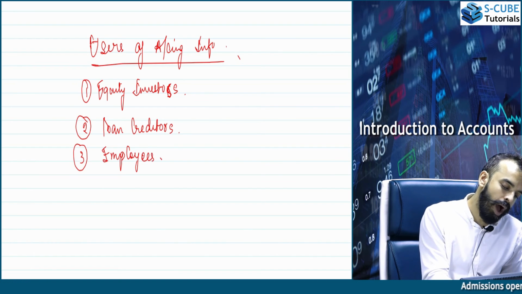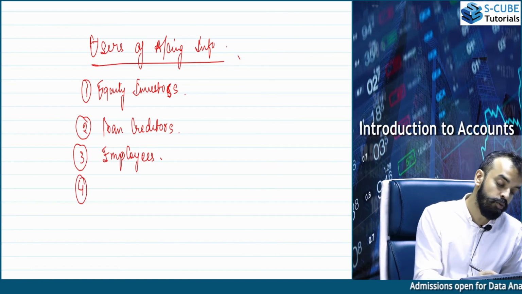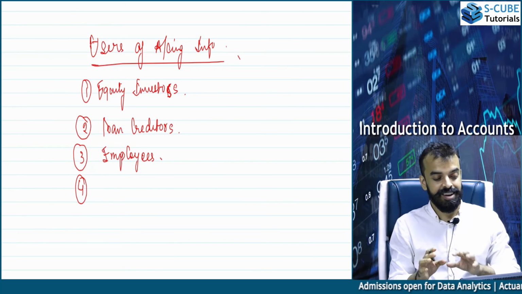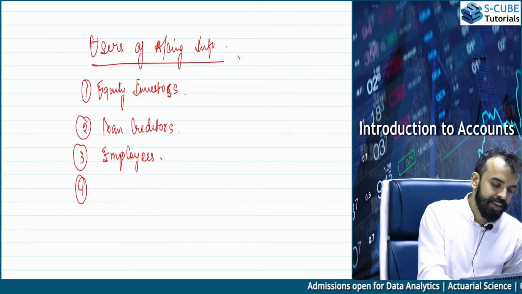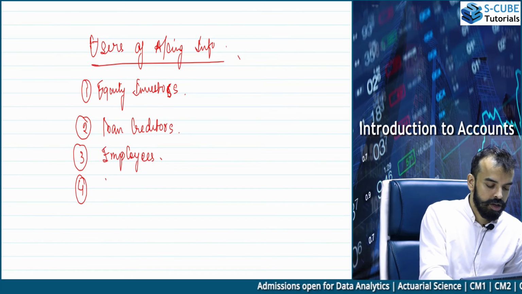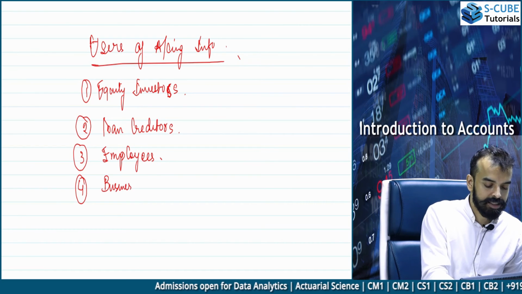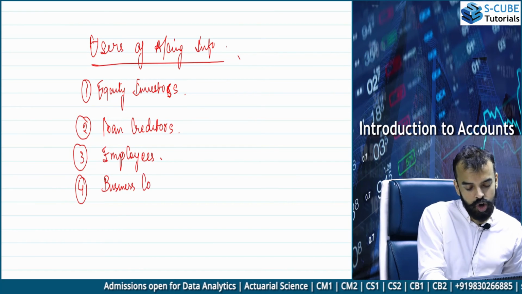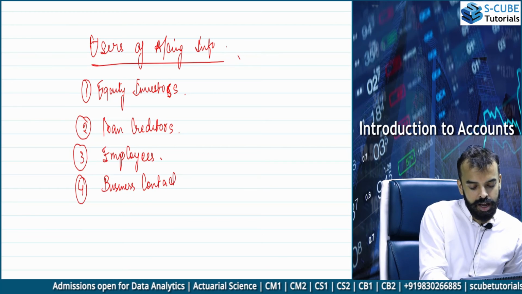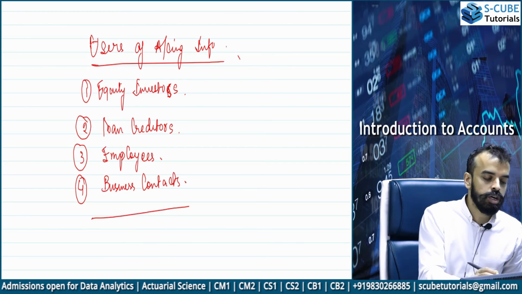I will talk about why each group is interested and what they are interested in. And then we have business partners or contacts. So, there are 4 user groups.